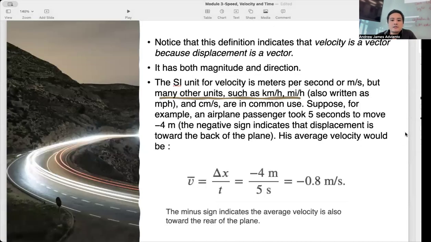Let's go to the vector nature of velocity. This slide emphasizes that velocity has both magnitude and direction.